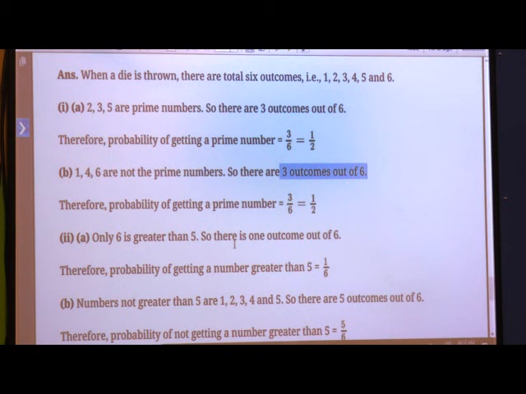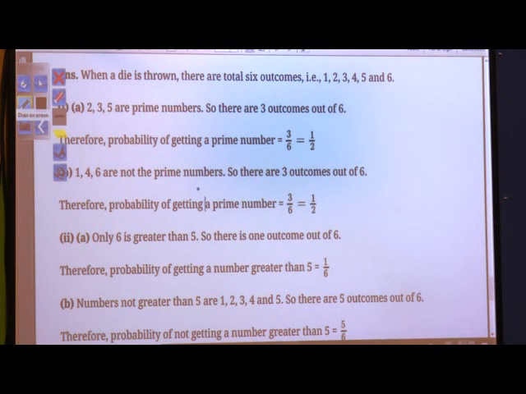Therefore, the probability of getting not a prime number. Here there is a printing mistake: it is written a prime number, actually here not should be present, not a prime number. I will just temporarily make the correction here.